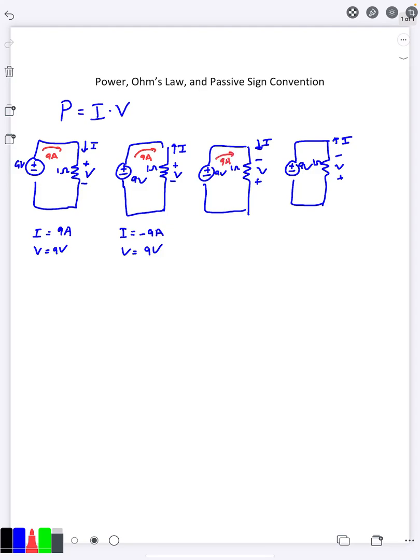Again, next one is 9 amps here, and we labeled it down, so I is 9 amps. However, because I chose to label the V in the opposite direction, it's still parallel, but it's in the reverse orientation. So if you were to measure it in that way, you'd actually get a negative 9 volts. And similarly, this last one, my I is going to be negative 9, and my V is going to be negative 9.